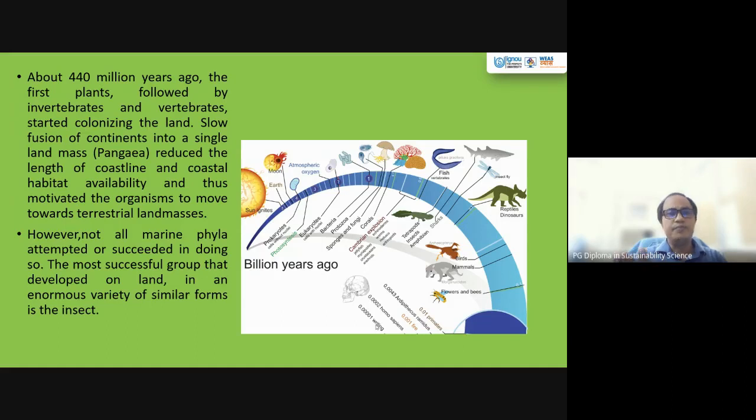So we cannot say that all living beings were able to survive on the land. That was not so, right? Some evolved on the land masses, and others evolved in the ocean, in water bodies. This is how it was.